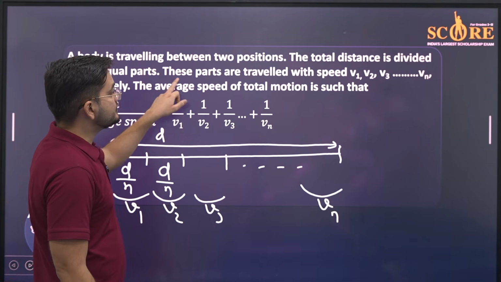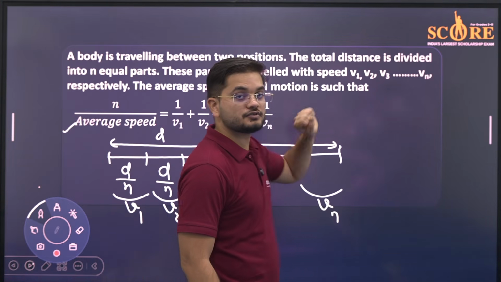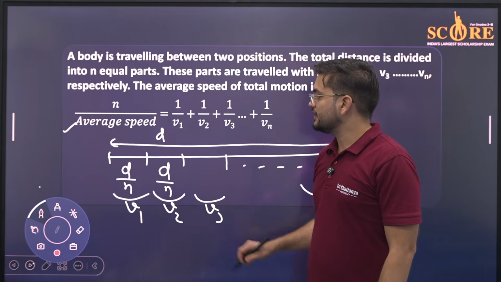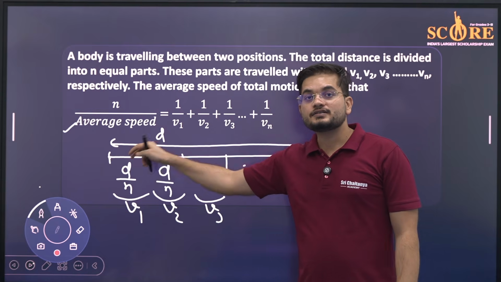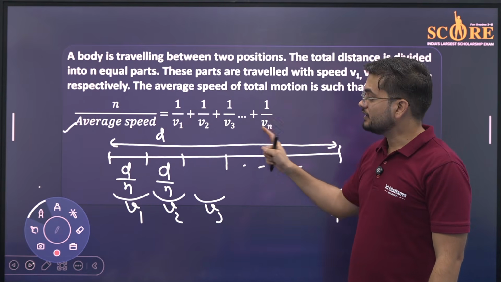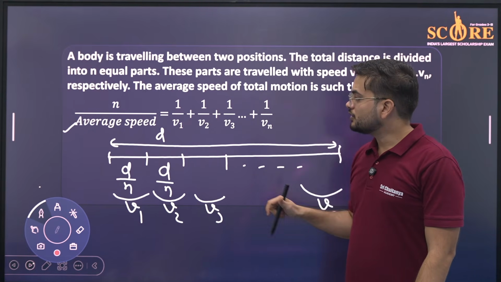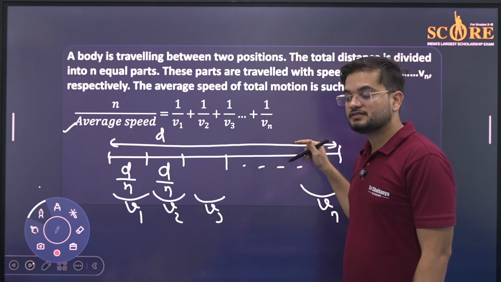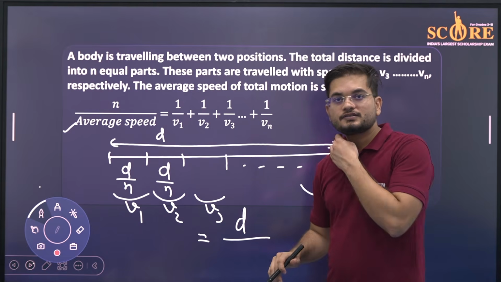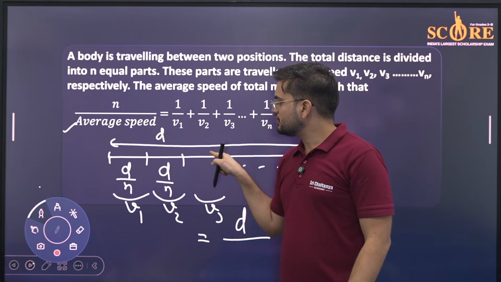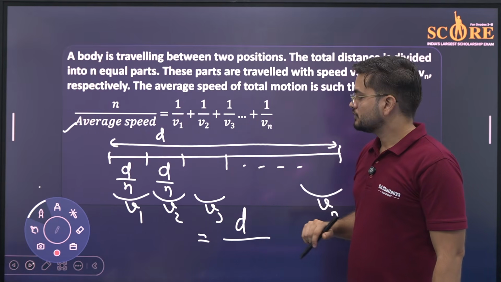The average speed during this motion will be the total distance travelled divided by the time interval. What is the total distance travelled? Distance travelled is d. And what is the time? T1, T2, T3, T4 and Tn.